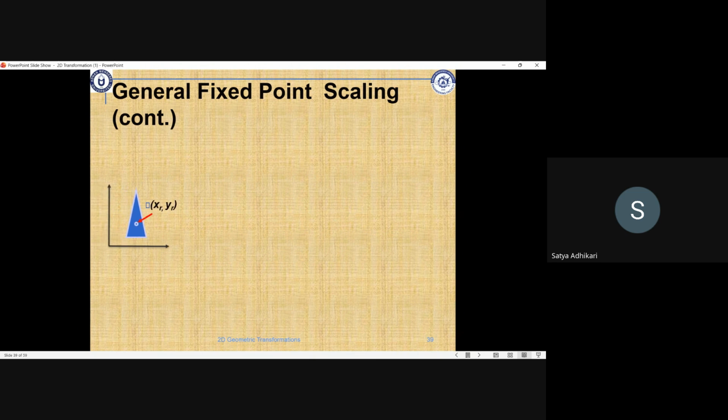You see here, the same example is there, but here the fixed point is XR and YR. I want to apply a scaling transformation here, that is, I want to change the size. In the previous one, we performed the rotation operation.